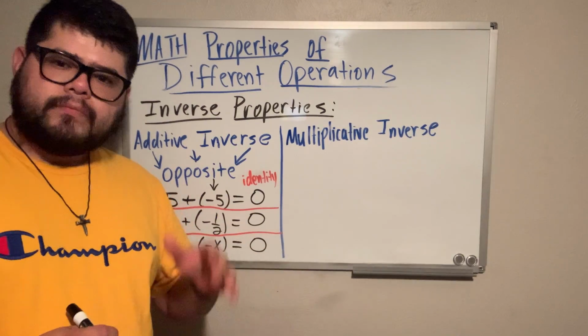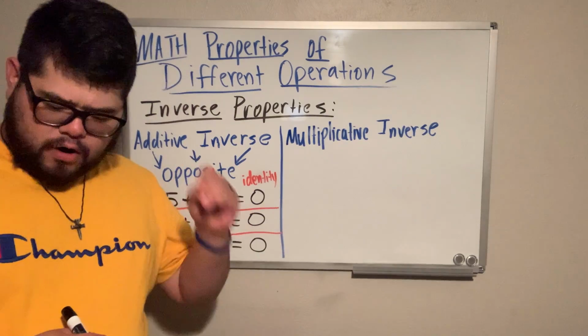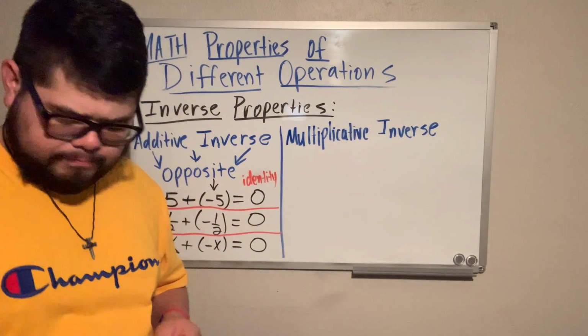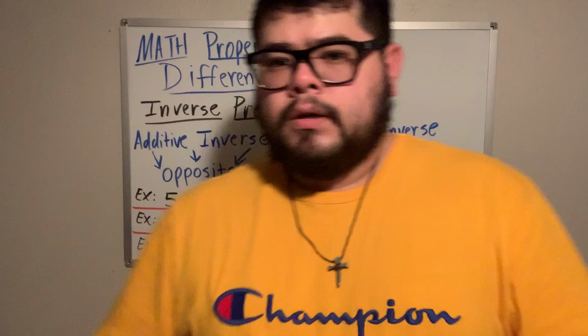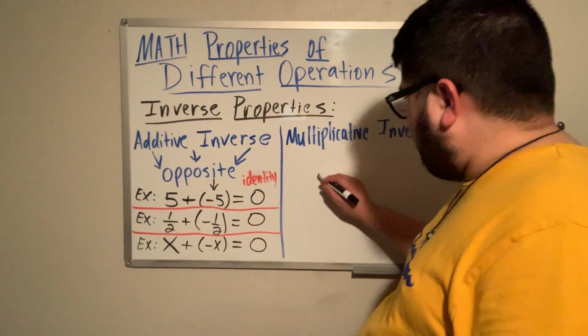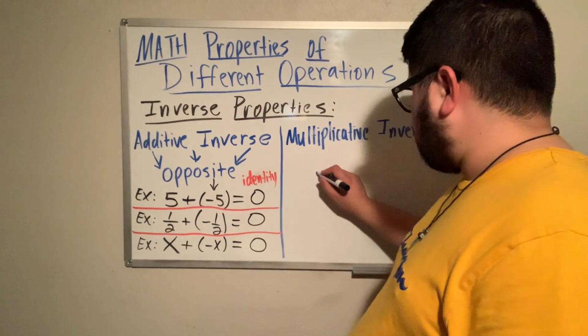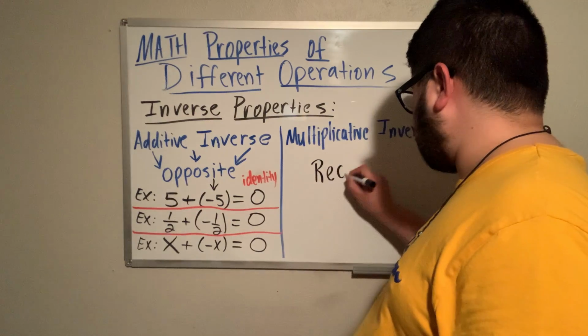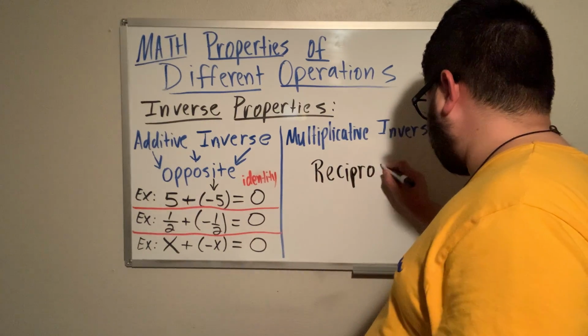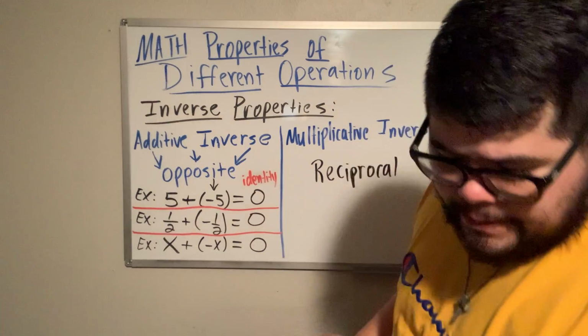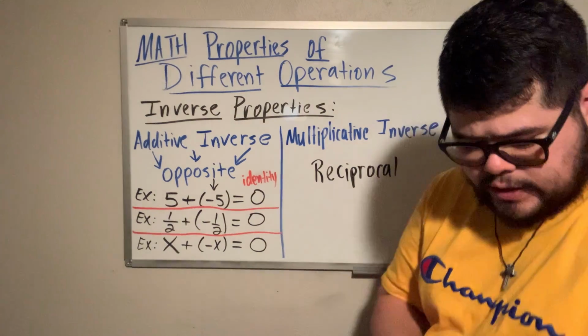We got to remember what flip meant. That R word. It was an R word for flip. Reciprocal. Okay, reciprocal is the word.